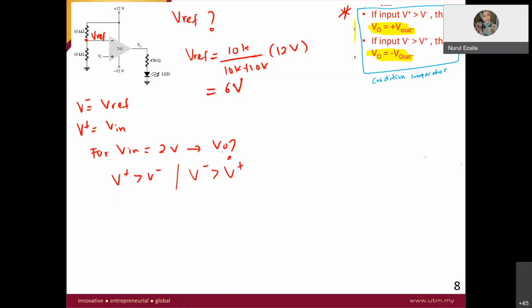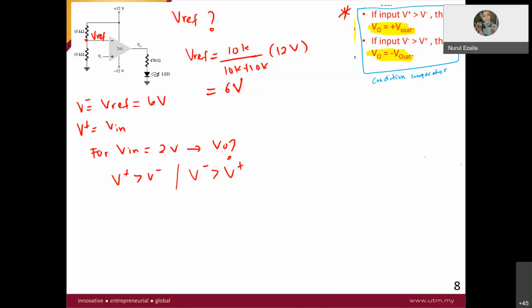Which one? Now V reference is 6 volt. Your V in this case is 2 volt. Therefore, which one? Is it V plus greater than the V minus, or V minus greater than the V plus?